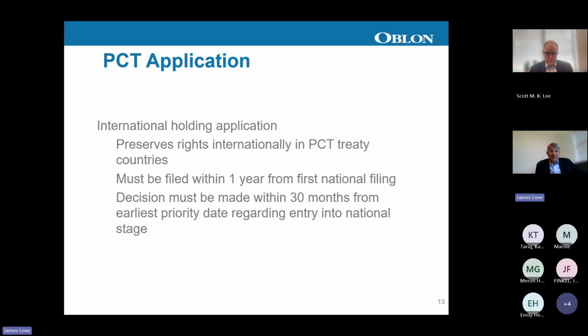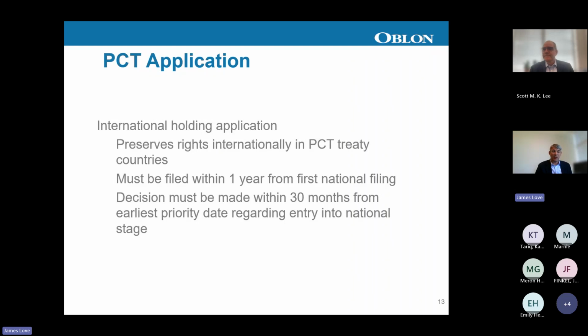So if you file a provisional, you have 1 year to file a utility. Well, you also have 1 year to file your PCT application. And if you start with the utility, you don't file a provisional, you have 1 year from that utility filing to file your PCT application. And what's useful for this is that it gives you additional time. So you filed your provisional, 1 year later you filed your PCT application, you still have 30 months or 18 months in addition to make a decision about what other countries you might want to actually apply this PCT application to.